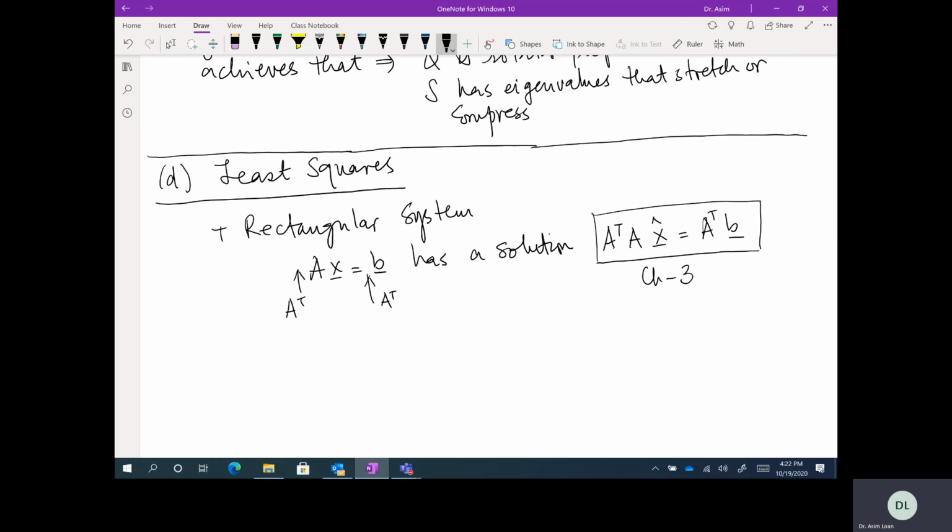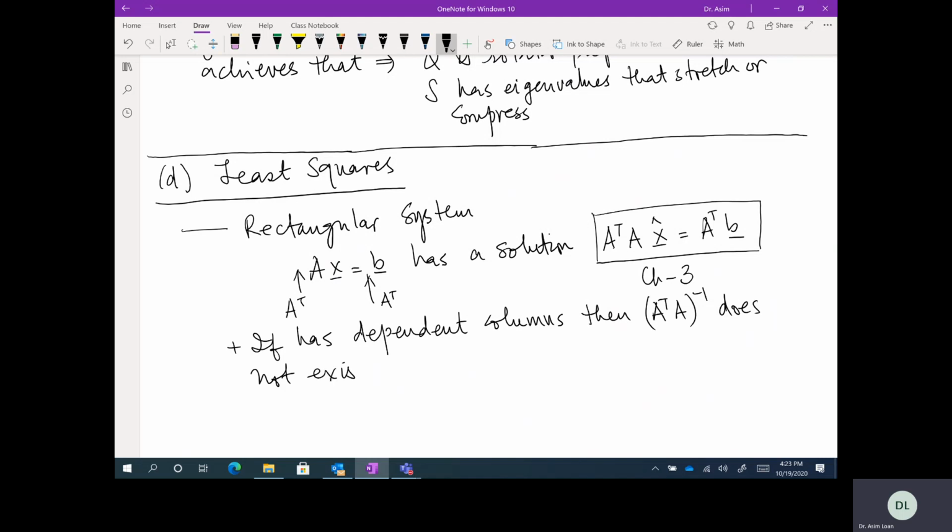So if A has dependent columns, then A transpose A inverse does not exist, and X hat is not unique.